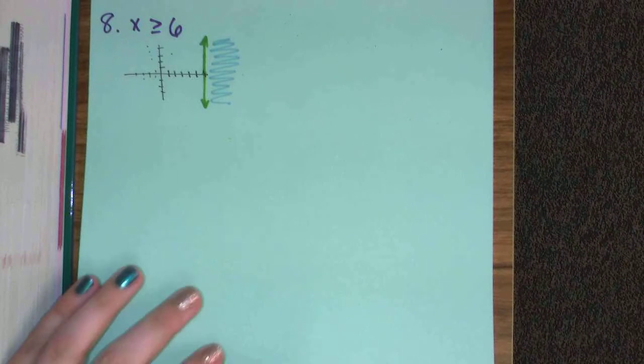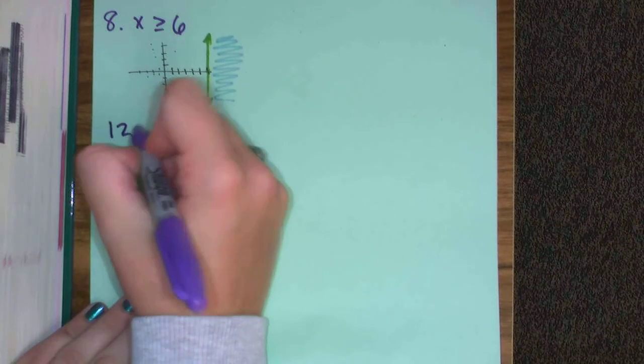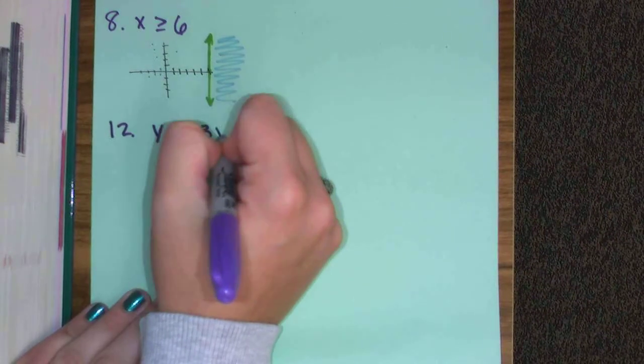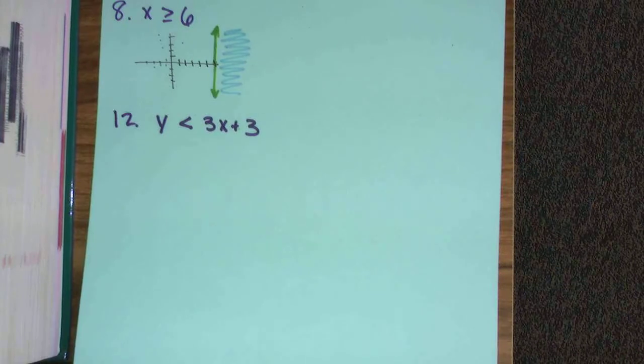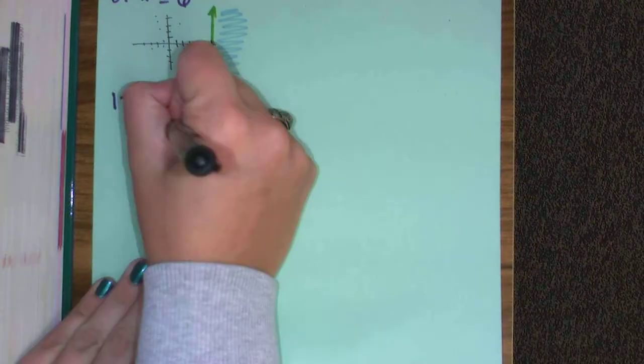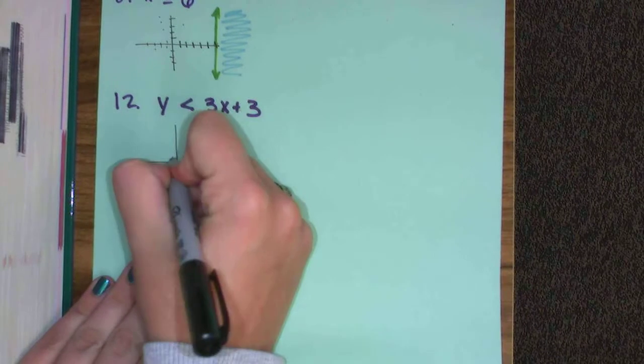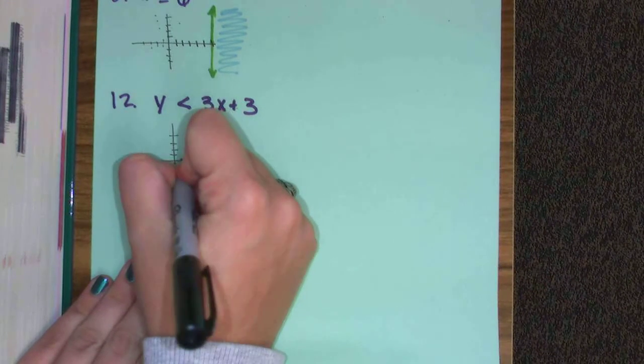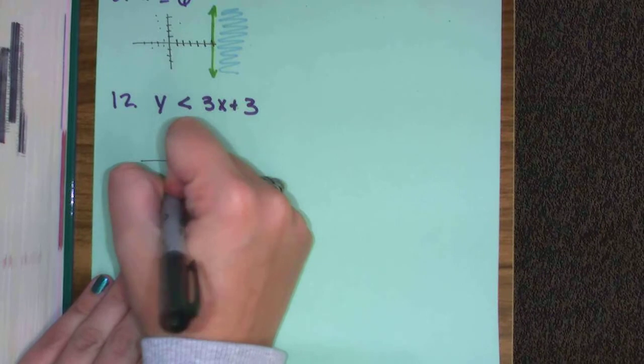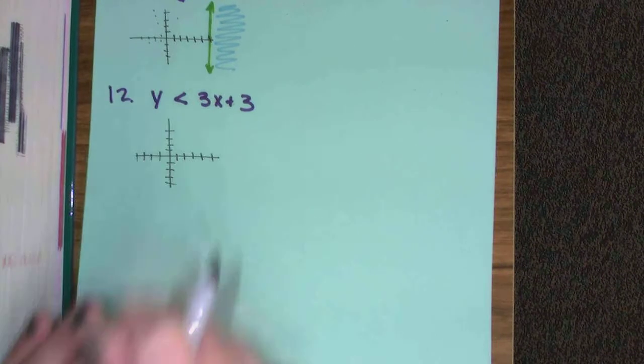Let's see. 12, y is less than 3x plus 3. Are we solid or dotted? Dotted. Okay, and how would I graph this? So what's my intercept?